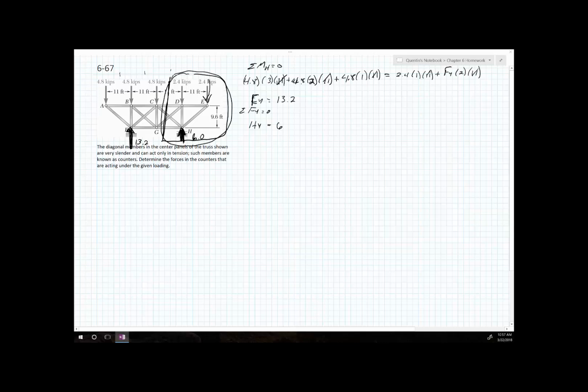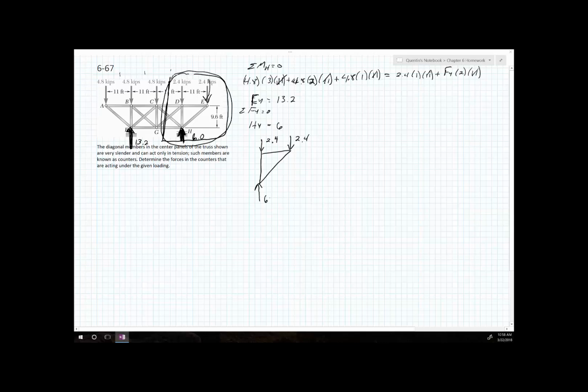Now let's look at our section that we cut off right here. Let's look at the free body diagram of that. We have a simple triangle. I have 2.4 coming in here, 2.4 coming in here, and 6 coming up there. So what did I cut through?